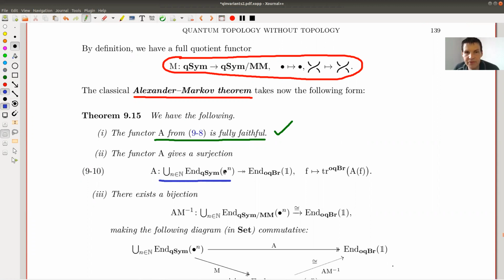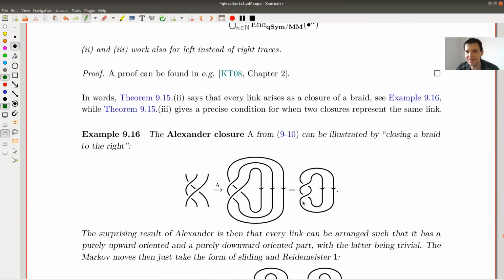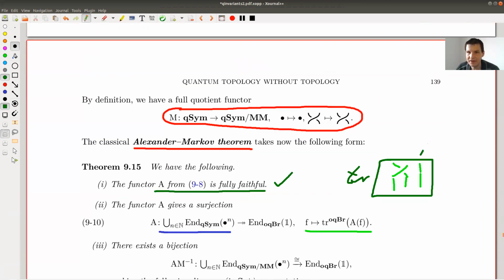You take all symmetric groups for all n together, and it surjects onto endomorphisms of the oriented quantum Brauer category by taking the trace. So we have a diagram in the symmetric group, whatever it is, you put it in a box and you take the trace. And as we will see below, there's a nice diagrammatic way of doing it. It's basically this operation.